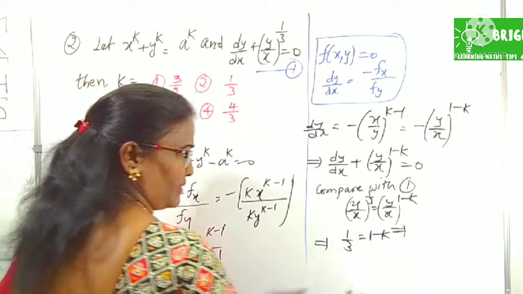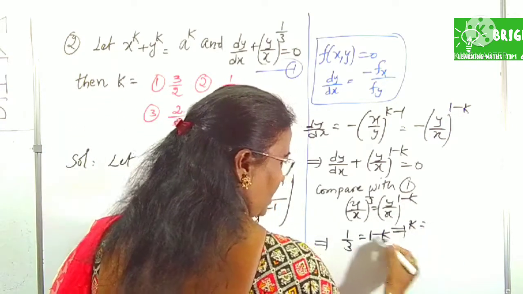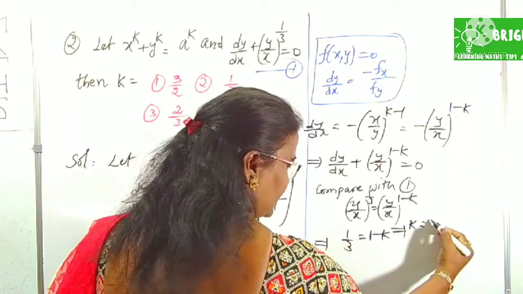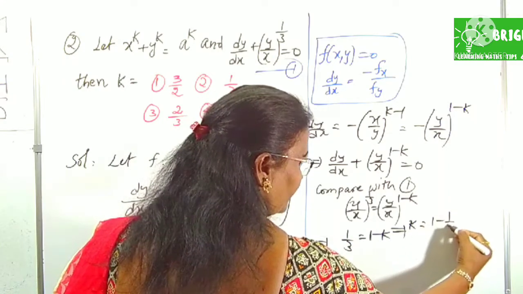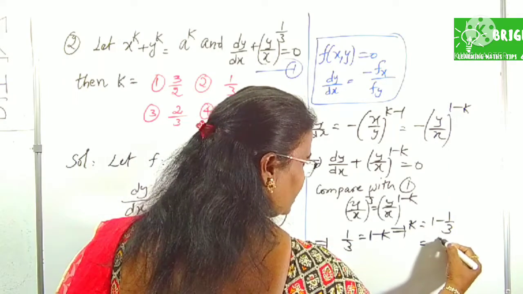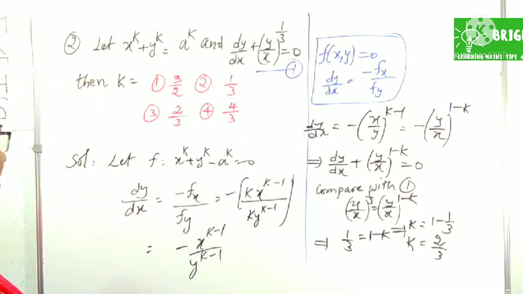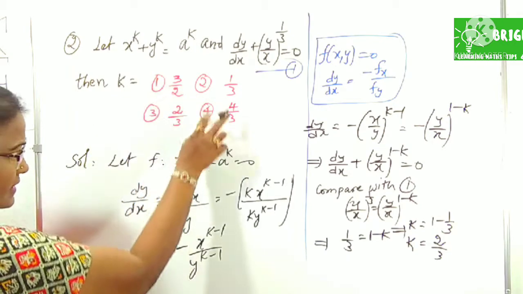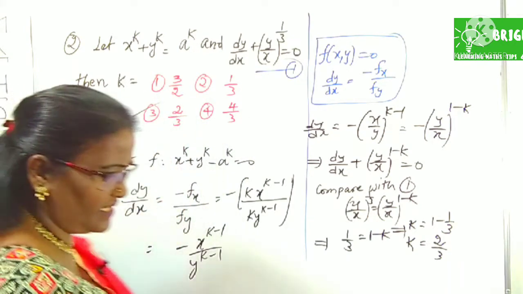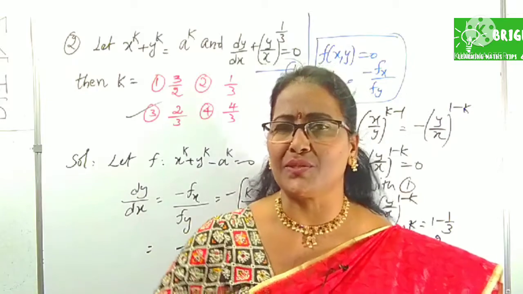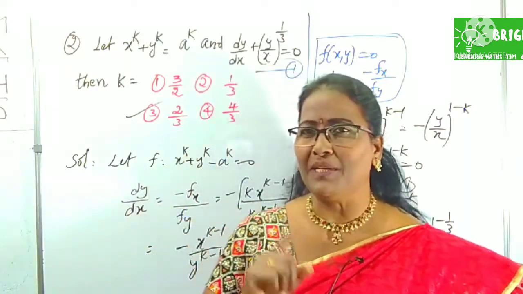What is k from this? k equals 1 minus 1/3, which is 2/3. That is the required result. k is 2/3, which is clearly the third option. So just simply use the super tip, the implicit function.